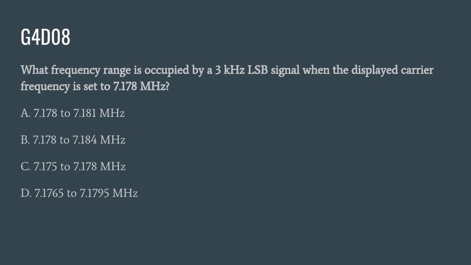G4D08. What frequency range is occupied by a 3 kHz lower sideband signal when the displayed carrier frequency is set to 7.178 MHz? Answer A is 7.178 to 7.181 MHz. B, 7.178 to 7.184 MHz.